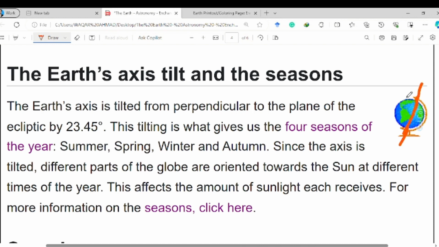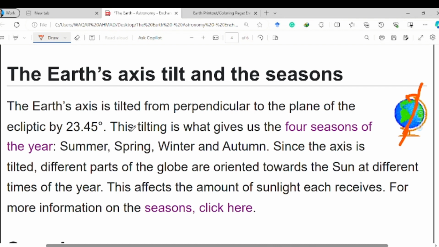The angle of this tilt is around 23.45 degrees. This tilt is what gives us the four seasons of the year: summer, spring, winter, and autumn.